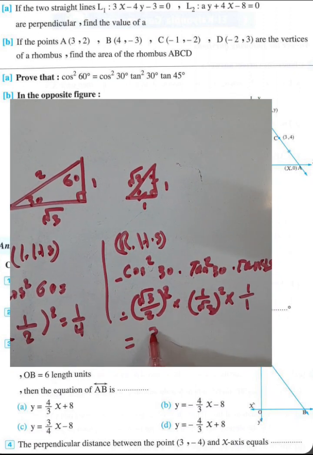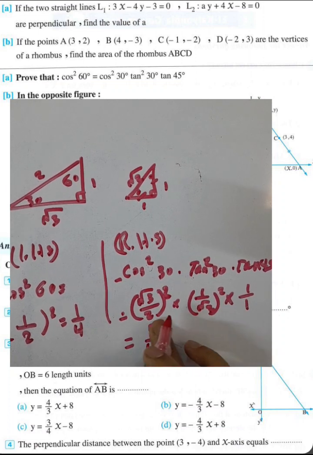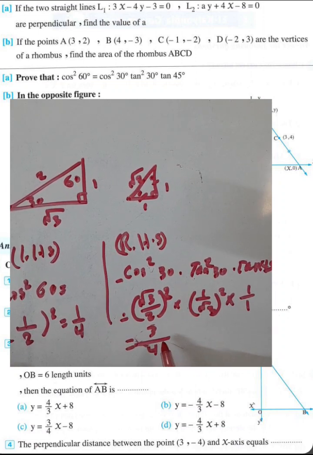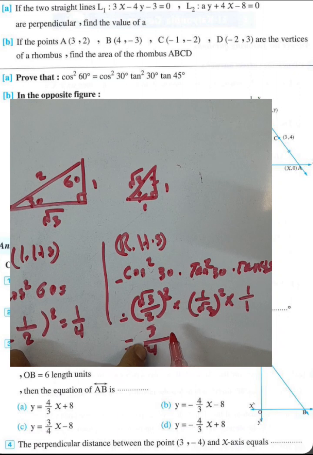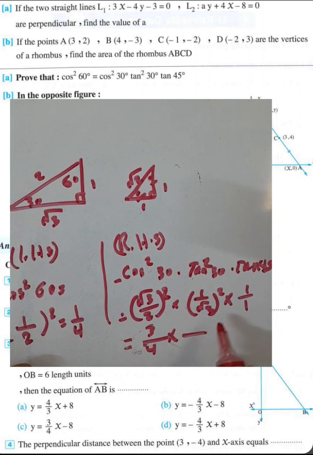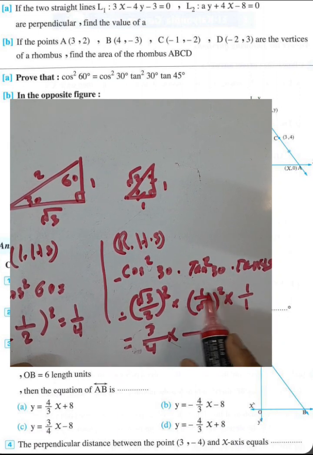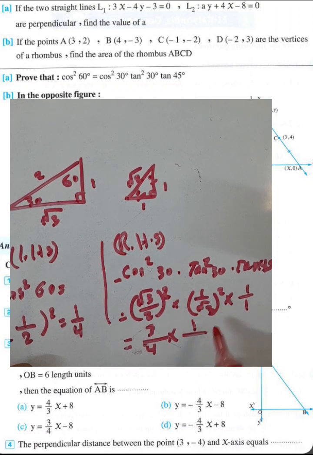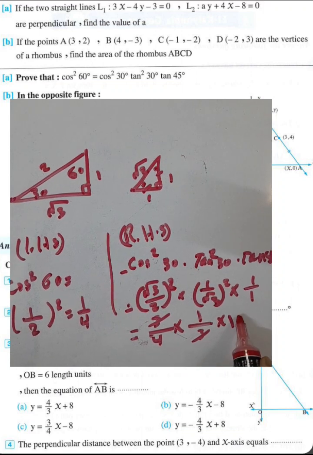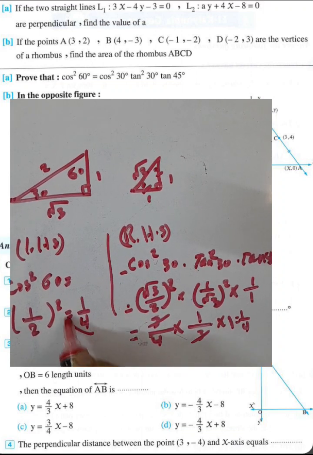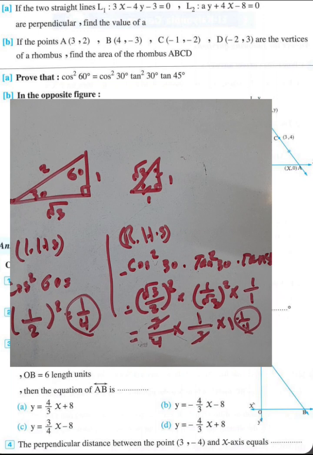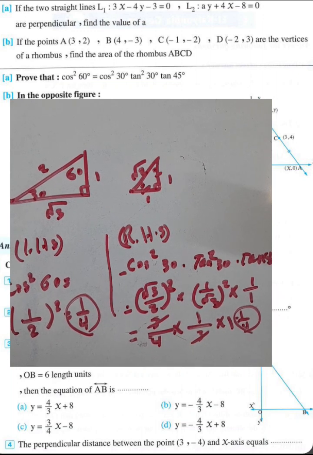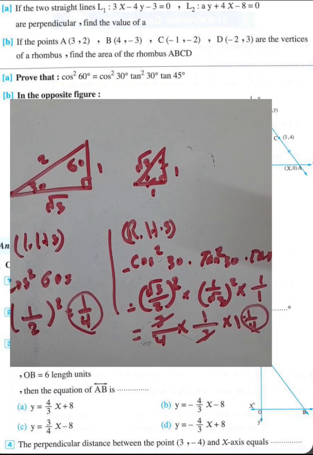It will be 3 over 4 times 1 over root 3 all power 2, 1 power 2 will be 1, root 3 power 2 will be 3. We can cancel 3 by 3, then the result will be 1 over 4. Then left hand side equals right hand side, it will be 1 over 4. Okay, next question.